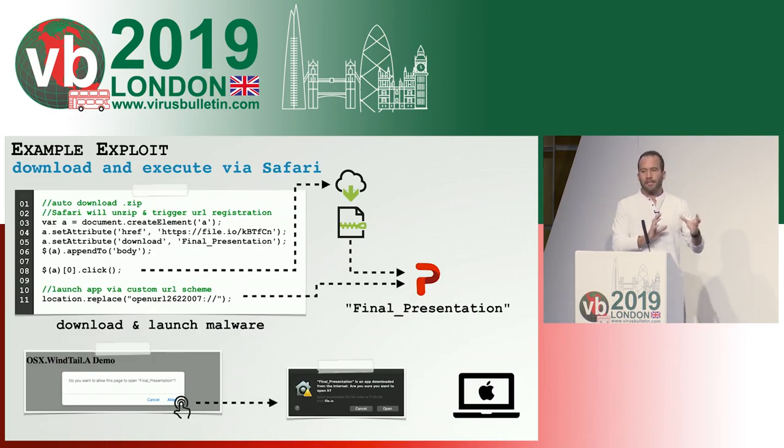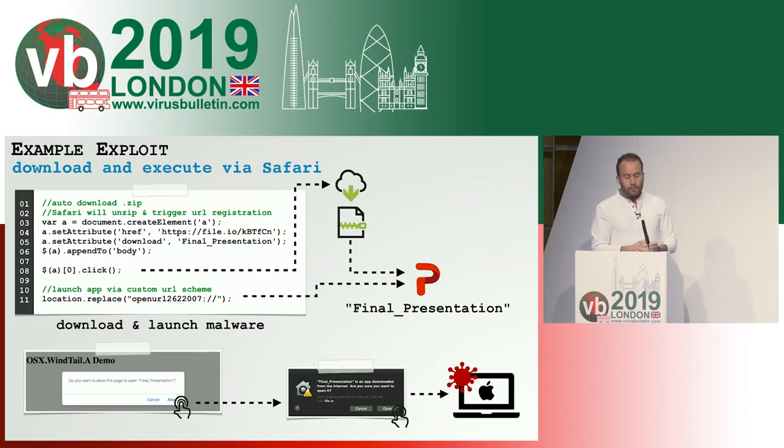Now, I never had access to the APT group's actual exploit code, but it's very easy for us to recreate similar code that will trigger these features or vulnerabilities. So we can see it's a malicious website, not too fancy, and the first thing it does is auto-download a zip containing a malicious application. And as we mentioned, Safari, by default, will extract this zip archive.